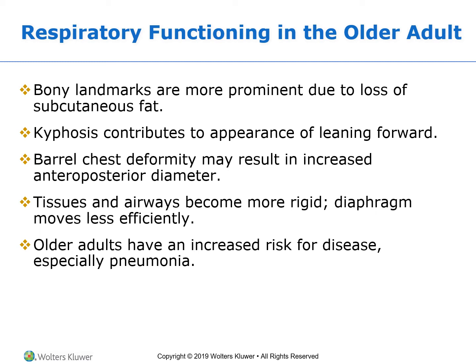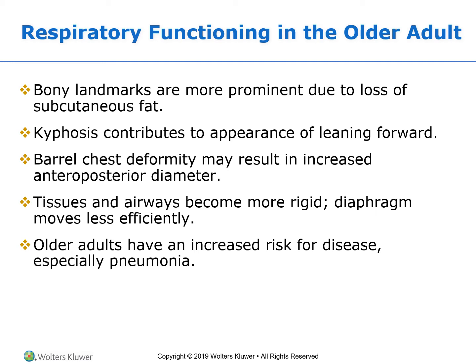Okay, so that's going to affect their ability to inspirate and expirate. So inspiration is going to see a decline, and we'll see a decline in the amount of expiration. The airways tend to collapse more easily, and those things put the patient at higher risk for things like pneumonia and other chest infections.